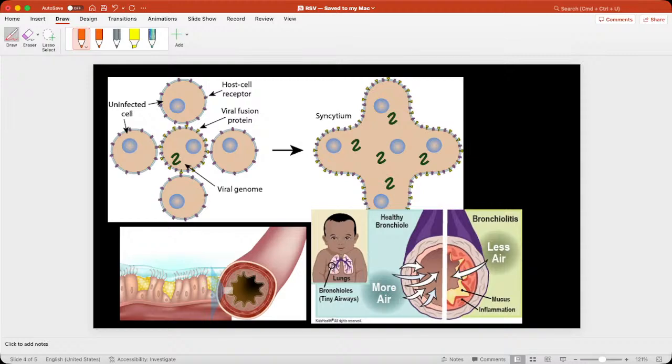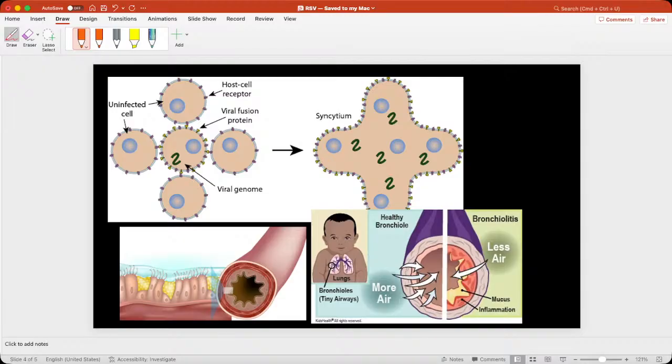And so what happens here is that because of these immune cells getting involved, it's going to lead to more swelling inside the airway area, or those cells or tissues that line it.